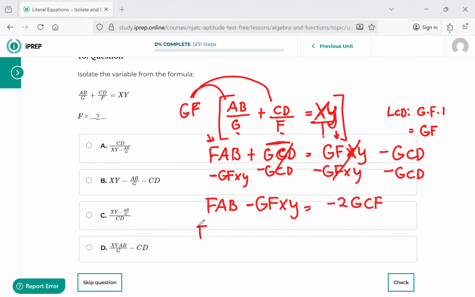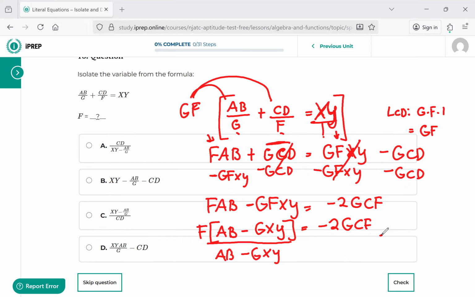That's what you want, because you can factor out an F. So this is going to be F times AB minus GXY equals negative 2 GCD. And then what you want to do is get rid of this AB minus GXY by dividing both sides by AB minus GXY.